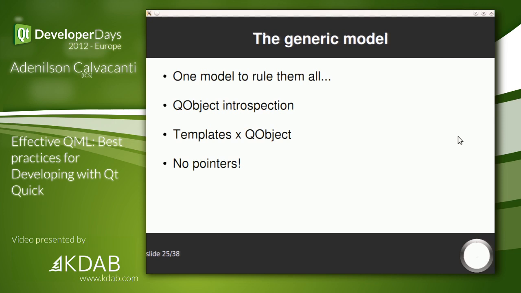Fortunately, there is a way to work around that. You see, assuming that the data that is going to be represented is a QObject, and assuming that it has its properties defined as QProperties, QObject has methods, so you can inspect the data within the QObject.